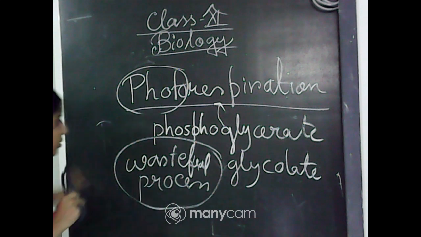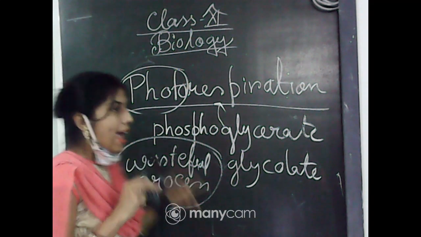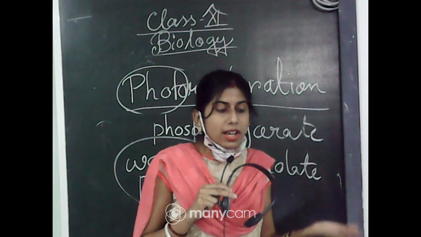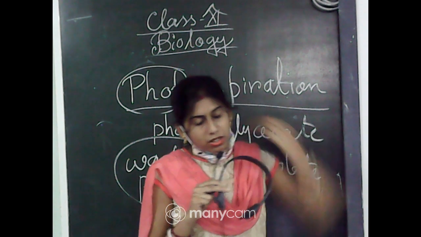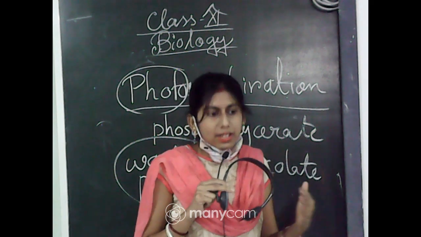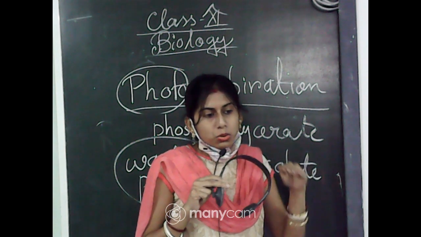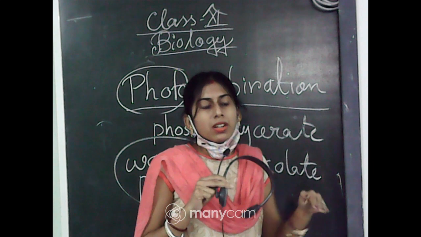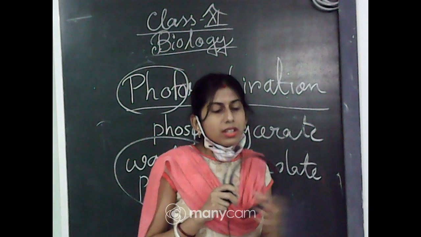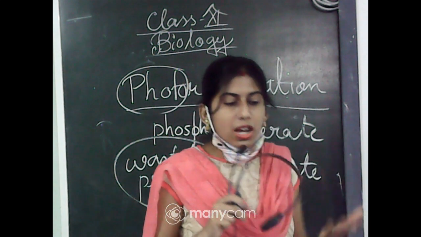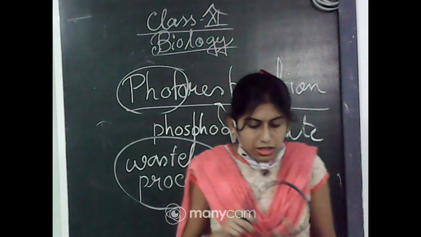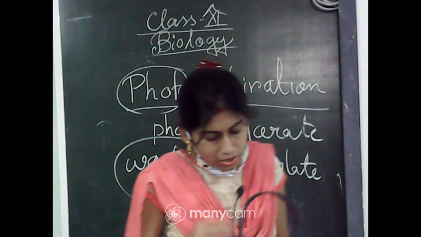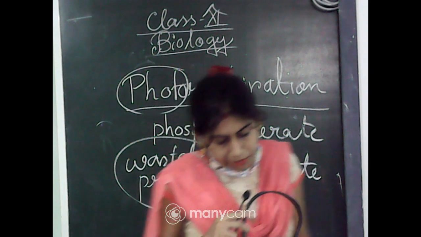But in case of C4 plants, as it is producing CO2 at the time of conversion of C4 acid to C3 acid, due to the increment in the amount of carbon dioxide, Rubisco will bind with carbon dioxide and it will show only its carboxylase activity, not its oxygenase activity.